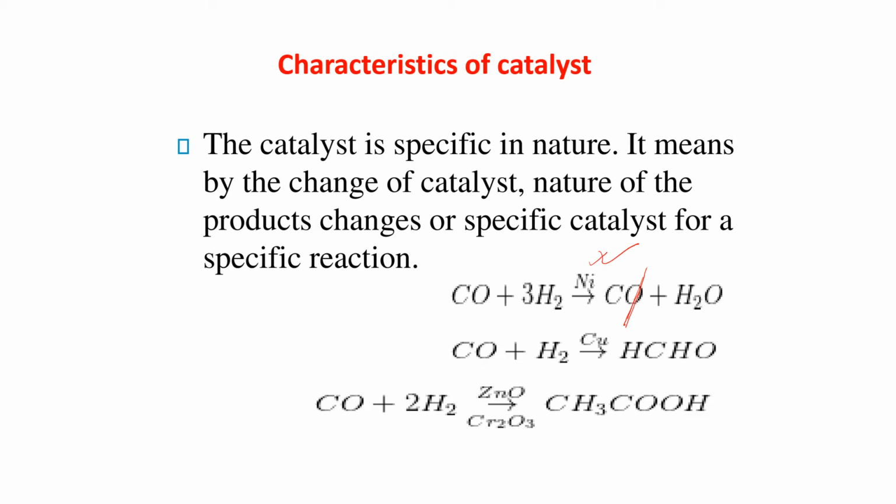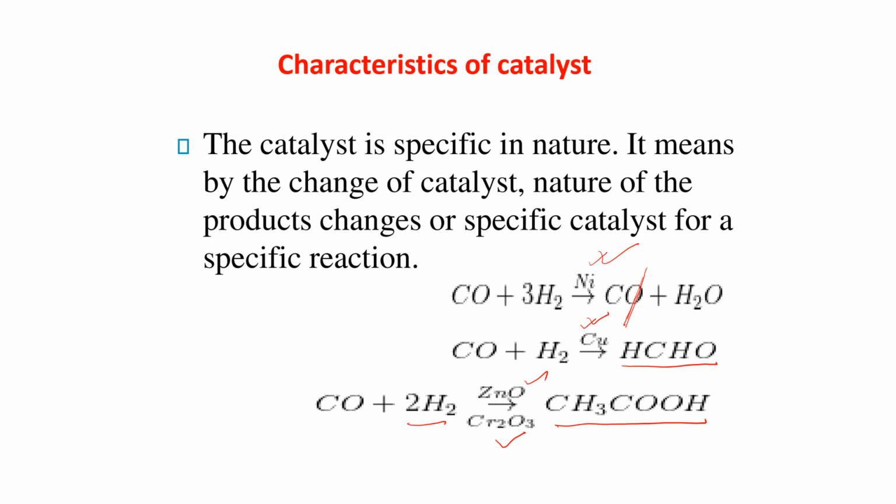Another, you can see that CO plus H2, when copper is acting as a catalyst, then we are getting HCHO. Again you see, when CO is reacting with H2, where ZnO and Cr2O3 are present, then we are getting CH3COOH.